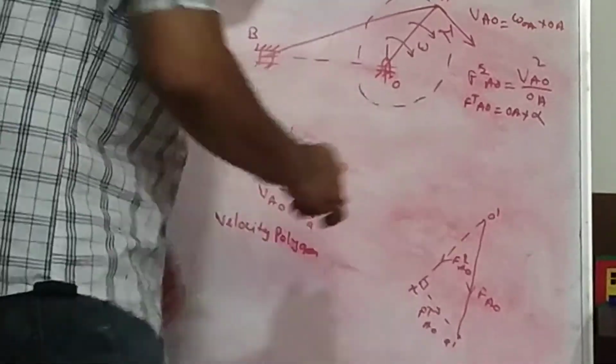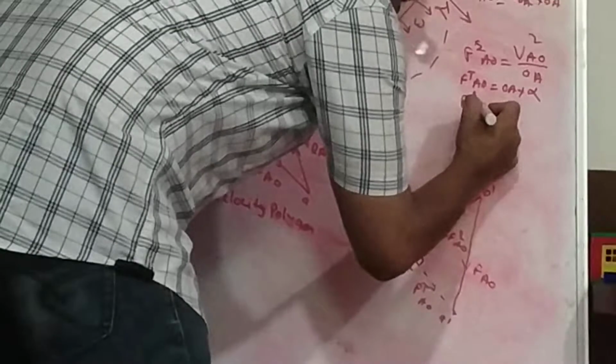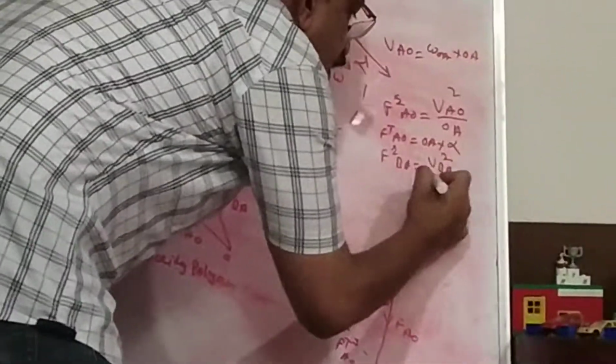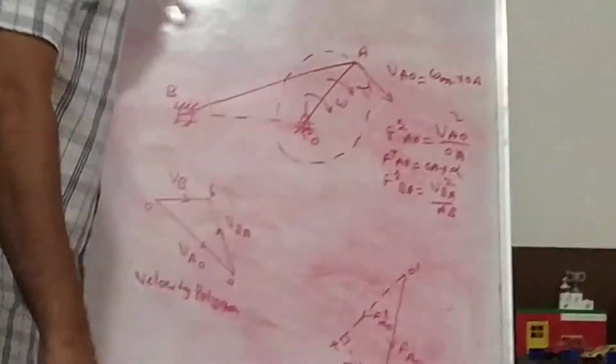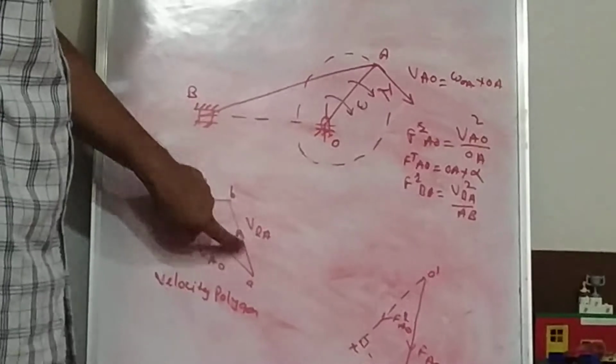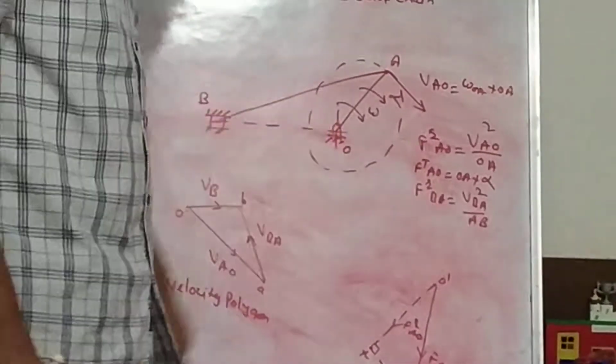First we have to find out the radial component of acceleration of B with respect to A. That is velocity of B with respect to A, its square divided by length of link AB. The value of velocity of B with respect to A we will get from the velocity polygon, from vector AB, divided by length of link AB.